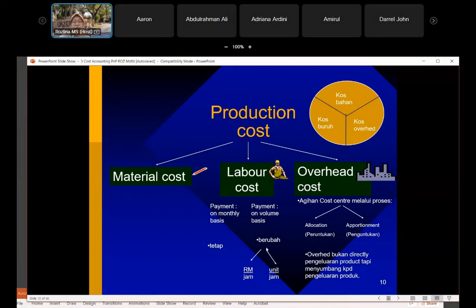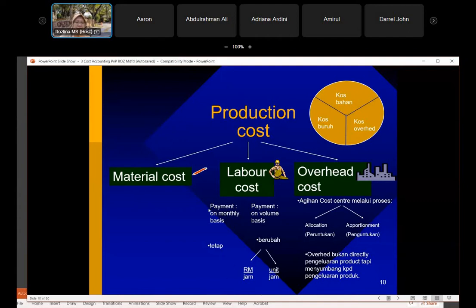So we can easily calculate their cost based on RM per hour. Sorry, mixed Malay language, this is my old notes. And also unit per hour, to get RM per unit.